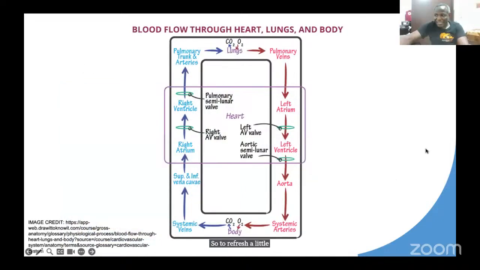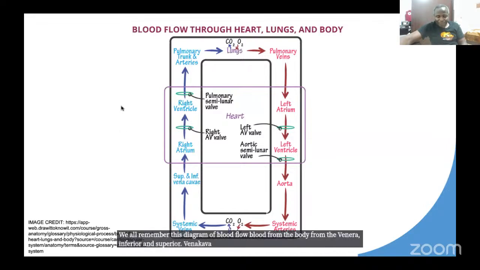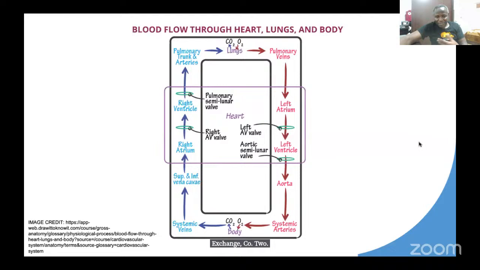So to refresh a little bit the blood flow and congestion in heart failure, we all remember this diagram of blood flow dynamics, with the venous return, blood from the body, from the inferior and superior vena cava, to the right atrium, which will go through the right atrioventricular valve to the right ventricle, then kicked out through the pulmonary valve to the lungs for gas exchange, CO2 out and oxygen in.